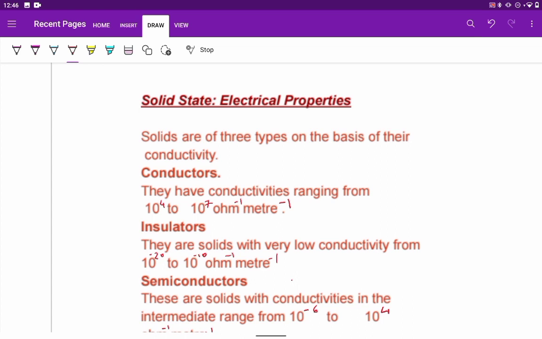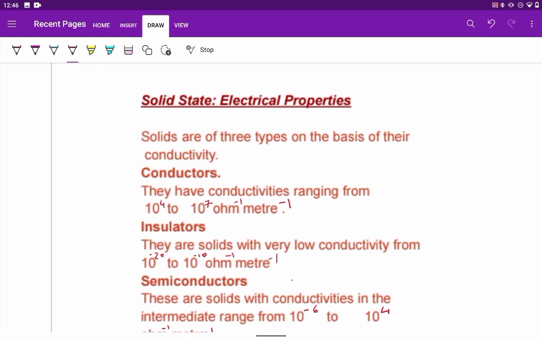So if a substance is a good electrical conductor, it can easily transmit energy without altering its composition in some way. And we also find that the solids have different degrees of conductivity. That is, we can also say that all the solids do not have uniform electrical properties.